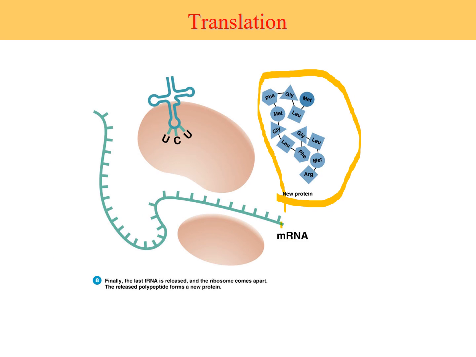The messenger RNA actually can be read starting again. Sorry, the last tRNA is released and the ribosome comes apart according to this, but I can tell you that typically what actually happens is the messenger RNA is released and another ribosome will attach, and translation will continue until the messenger RNA is degraded.